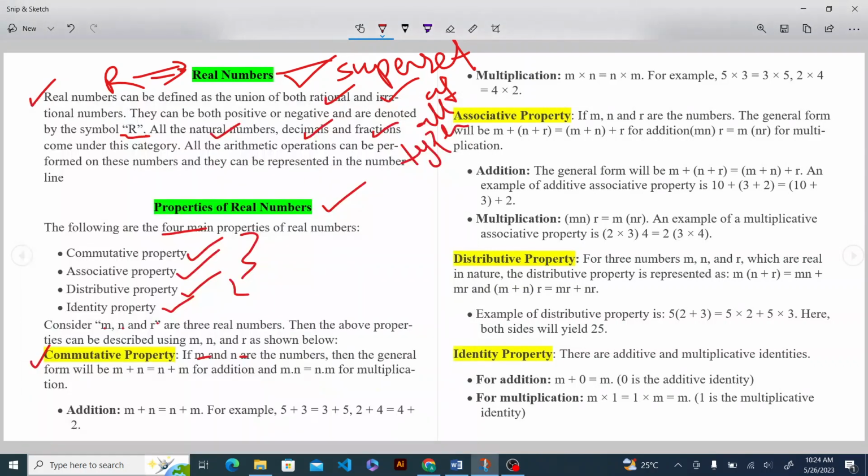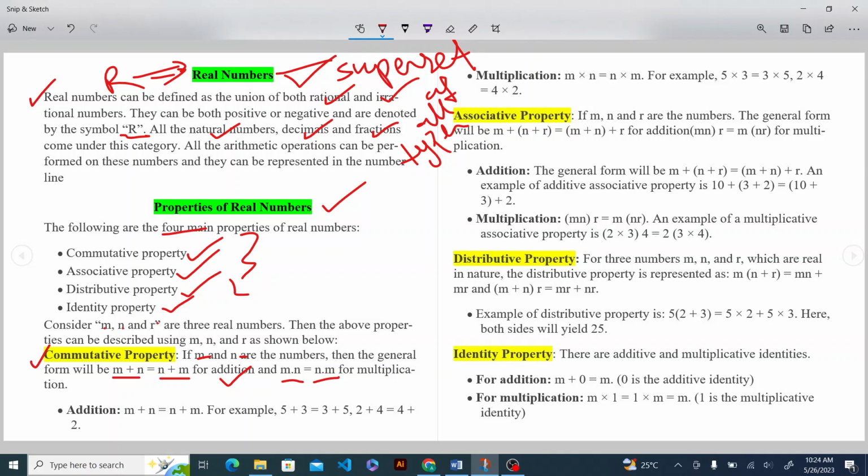So there is commutative property for two operations: addition and multiplication. For addition, the form will be m plus n is equal to n plus m, and for commutative property of multiplication, the product of m into n is equal to n into m.